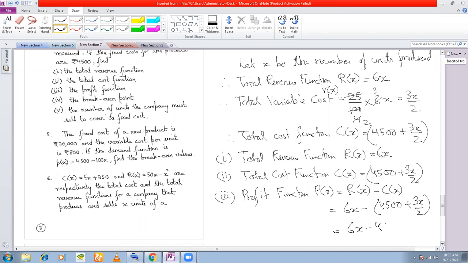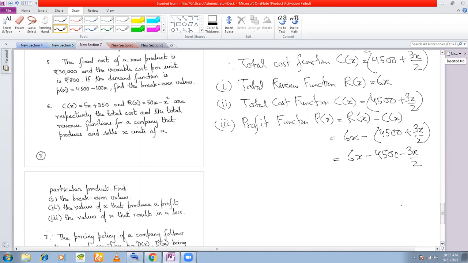Open the brackets. So it's 6X minus 3X by 2. Take the LCM, you get 9X by 2. The total profit function.